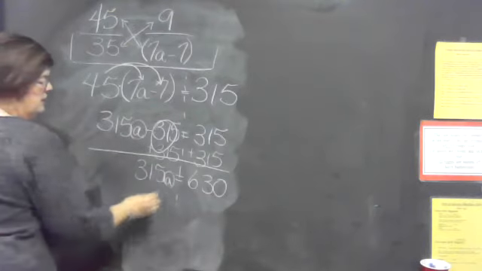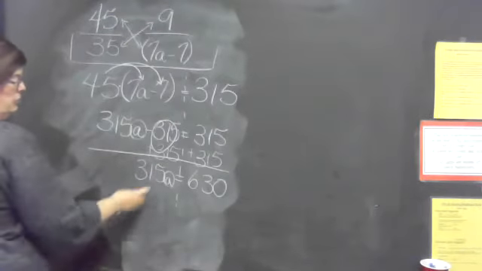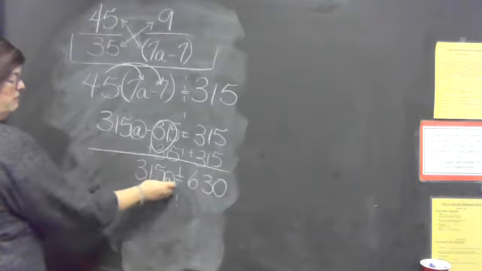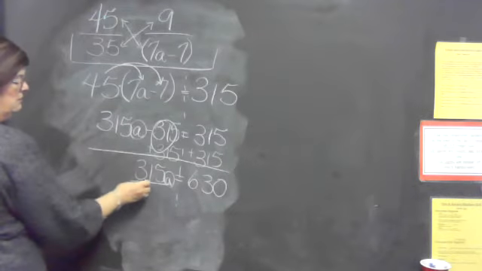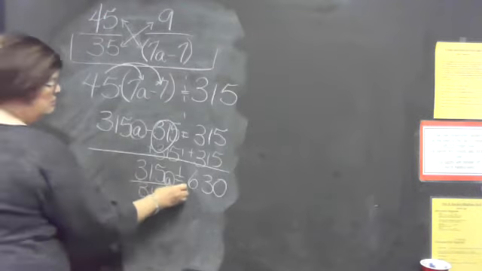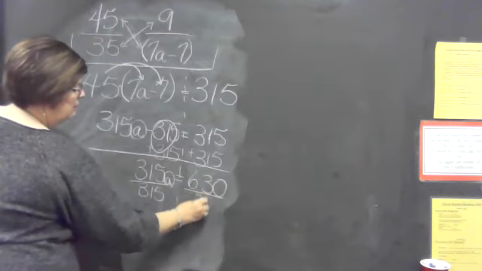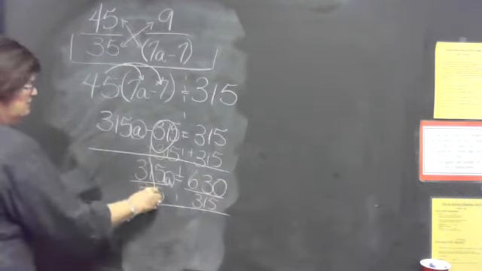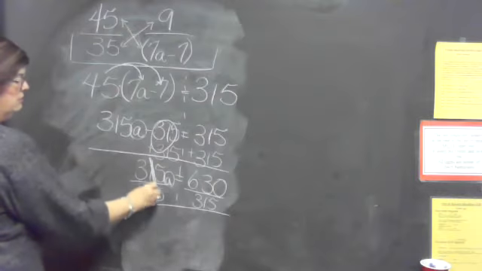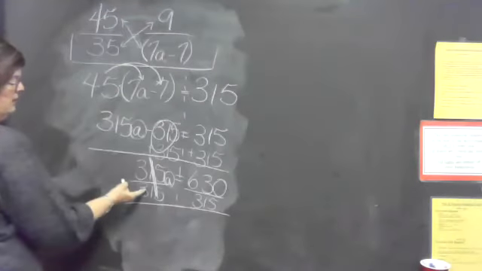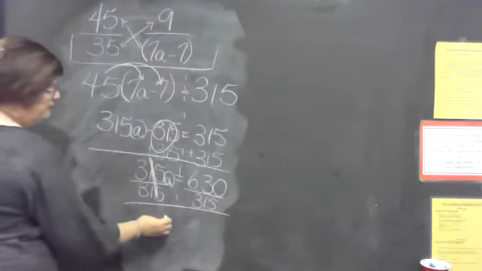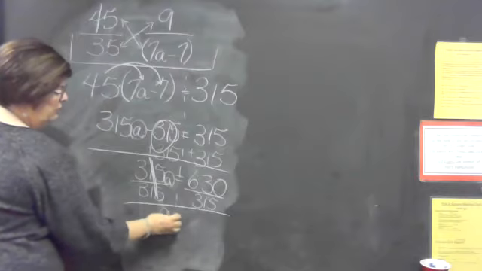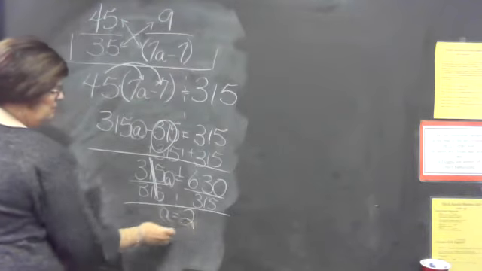We're not through yet. So since these are multiplied, I need to divide by 315. Immediately divide by 315. This cancels out to be 1, not 0. A number divided by itself is 1, not 0. a equals 2.